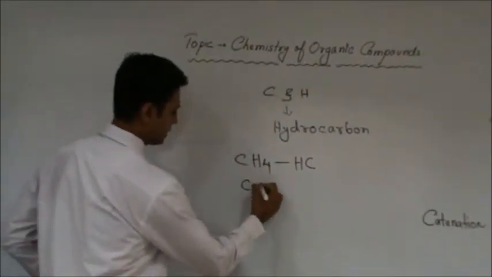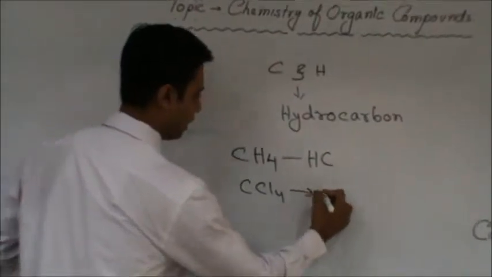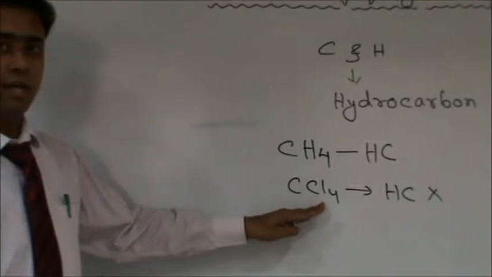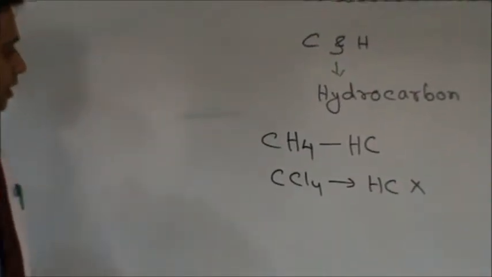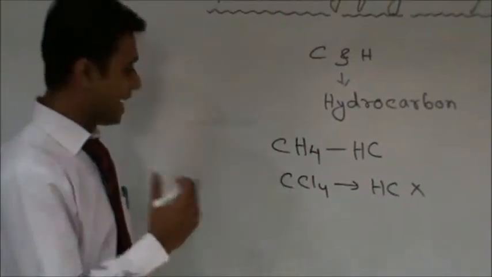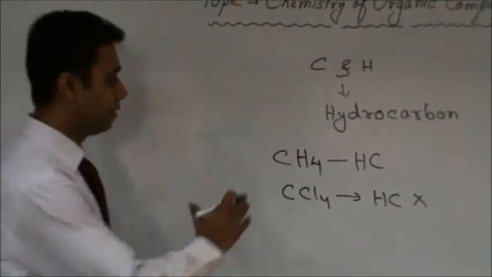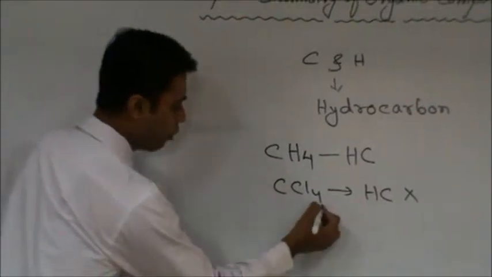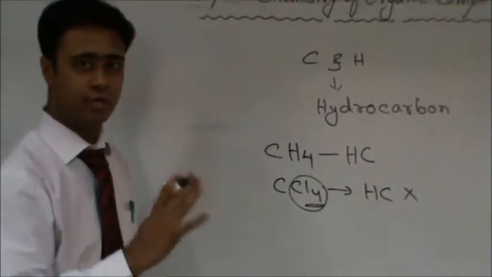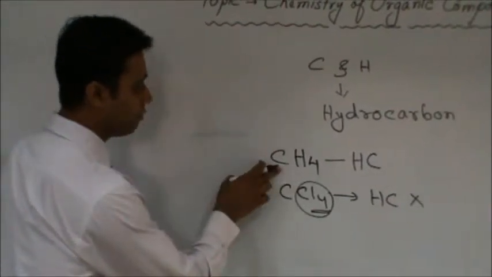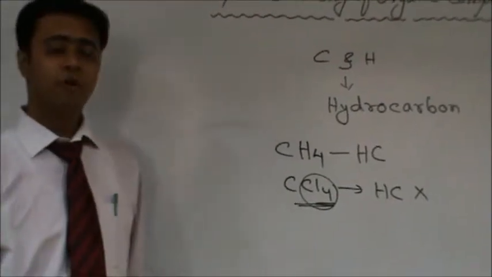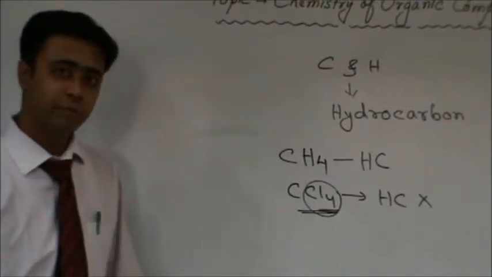Whereas CCl4 is not a hydrocarbon because it does not have hydrogen along with carbon. But if you look carefully, carbon tetrachloride can be derived from methane if these 4 chlorine atoms are replaced by 4 hydrogen atoms. It can give you methane. So carbon tetrachloride can be derived from a hydrocarbon, namely methane.